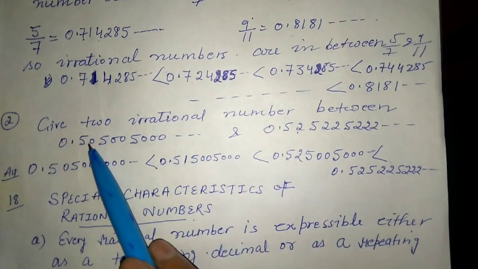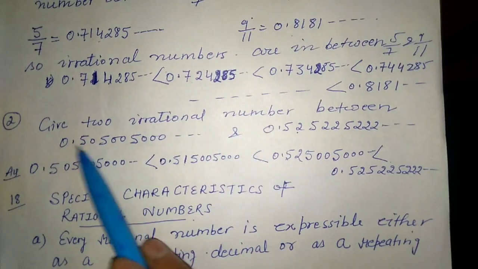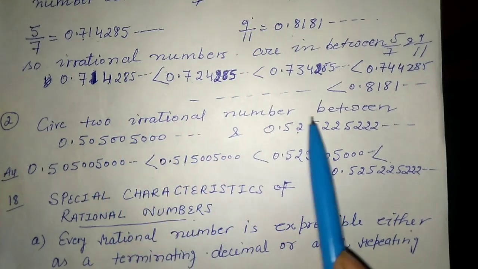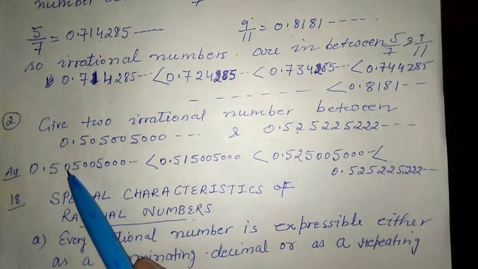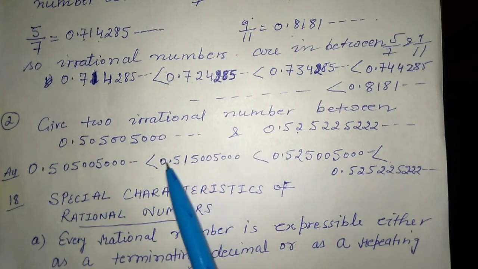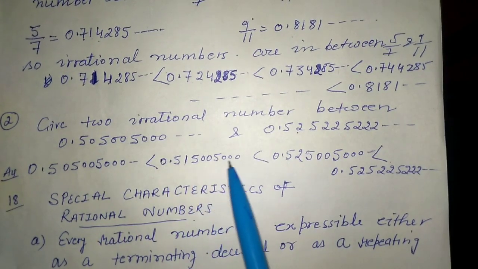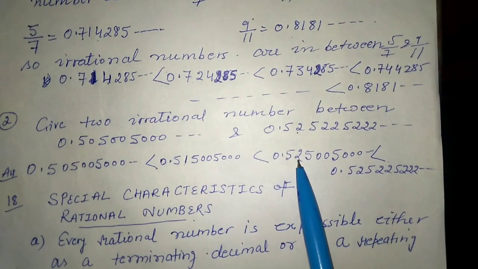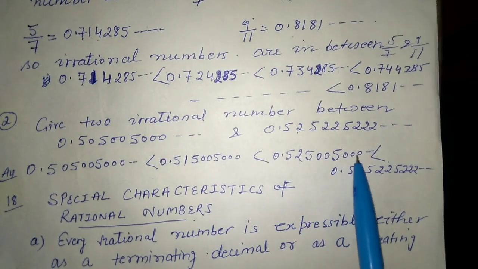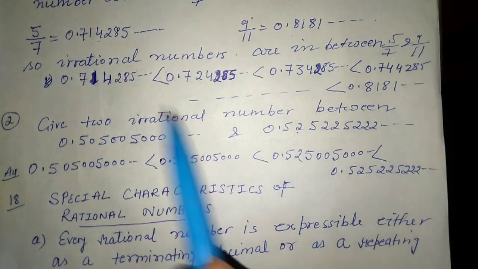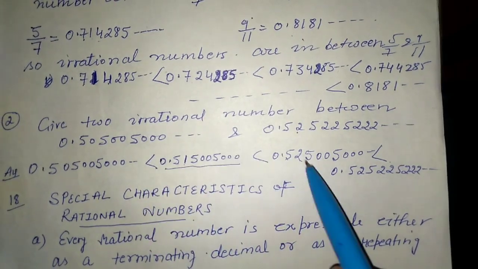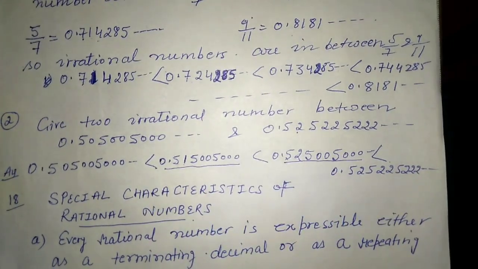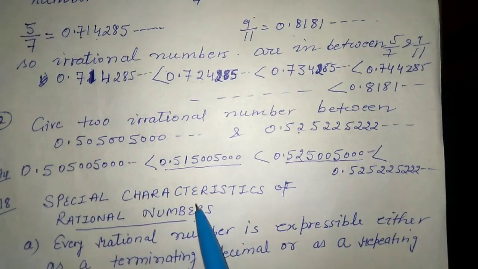So to reach from 0 to 2, we have 0 to 1, then 1 to 2. So we will write here 0.50. The next number is 0.51. And all are the same numbers. Similarly, we can write here 0.52, 500, 500, and so on. So these are the two irrational numbers between the two given numbers.